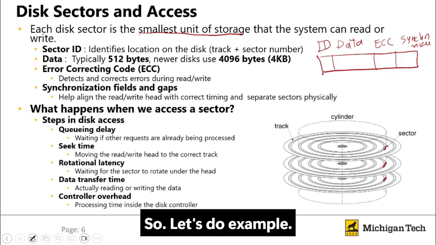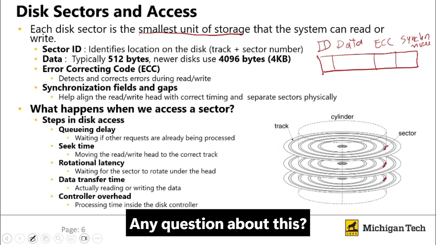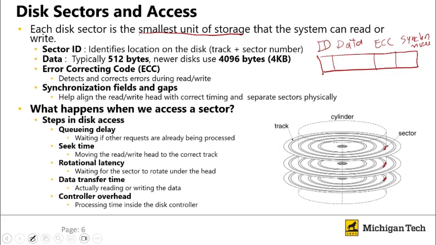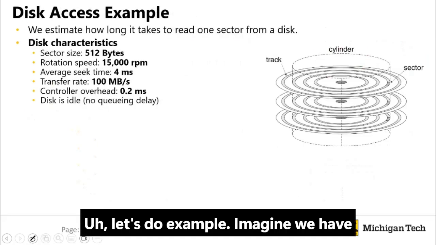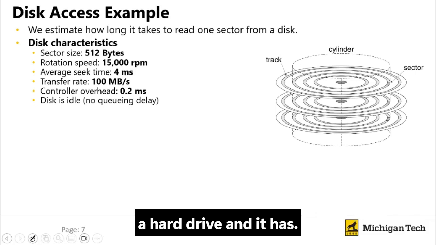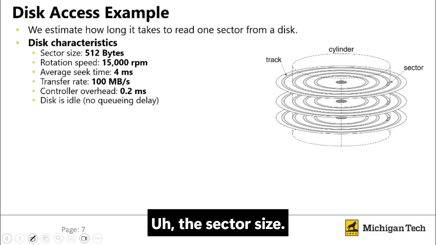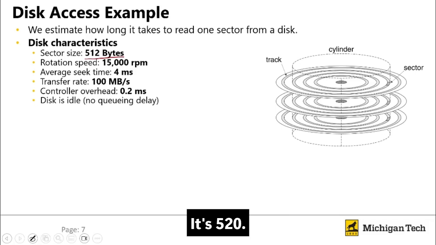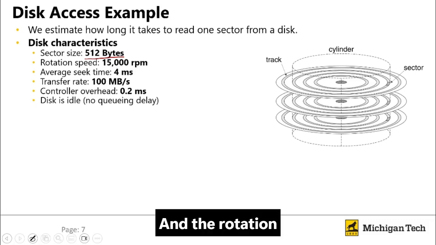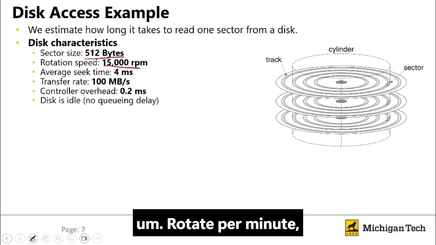So let's do an example. Any question about this? Imagine we have a hard drive, and the sector size is 520, and the rotation speed is 15,000 rotations per minute.